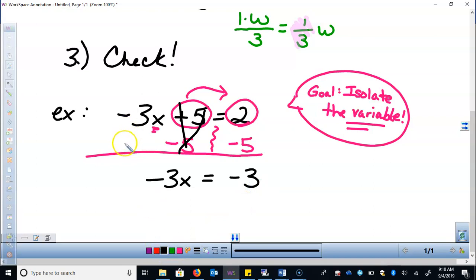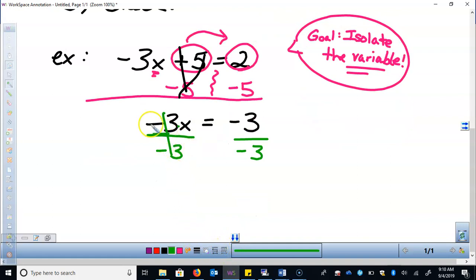Okay, so that's step 1. Ding, combine the constants. Step 2, undo the coefficient. In this case, the coefficient is -3. It's being multiplied by x, so to undo it, we divide by -3.